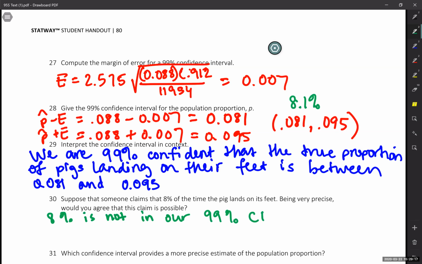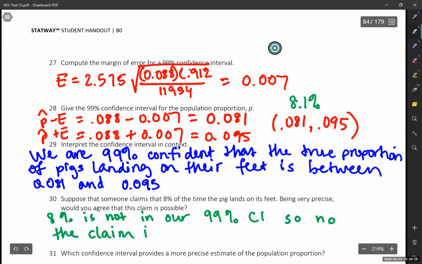So no, the claim is not possible. The 99% confidence interval does not include 8%. Therefore, this claim of 8% is not possible. It's very close at 8.1%, but it's not possible.